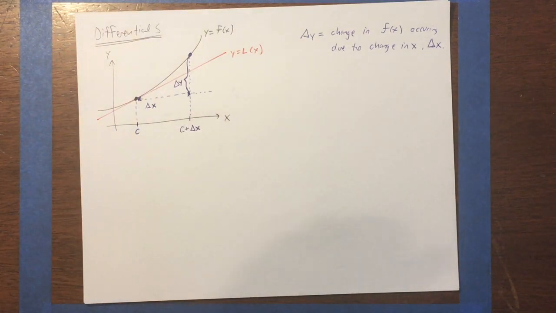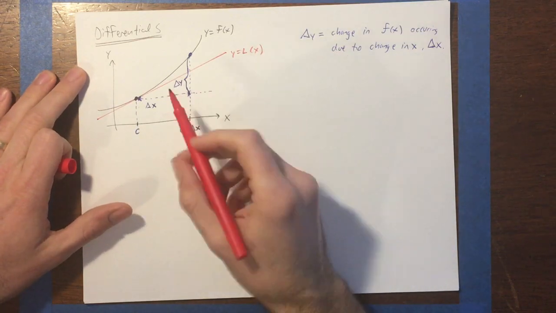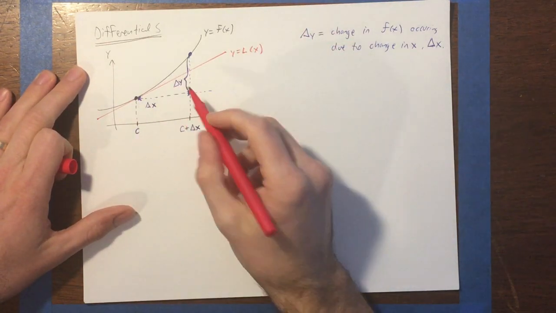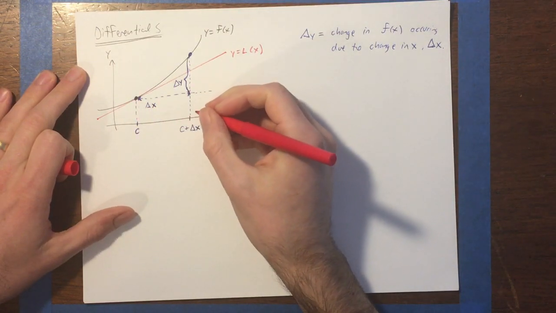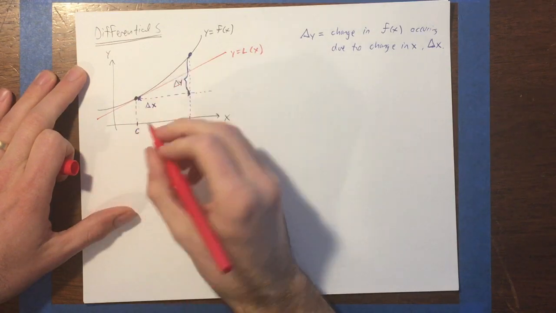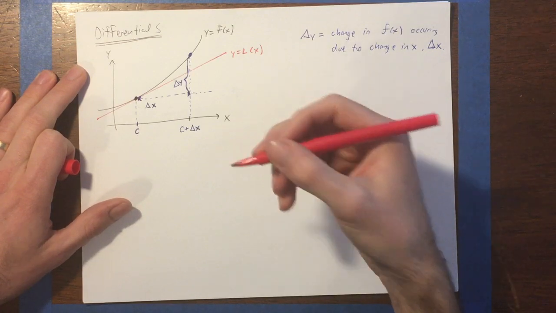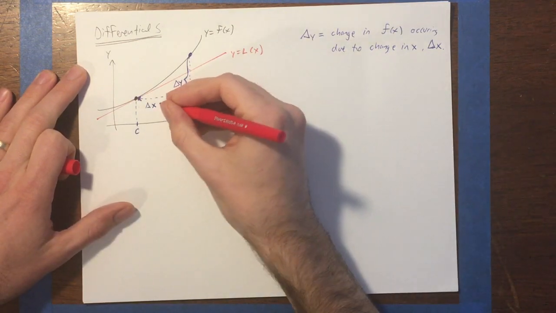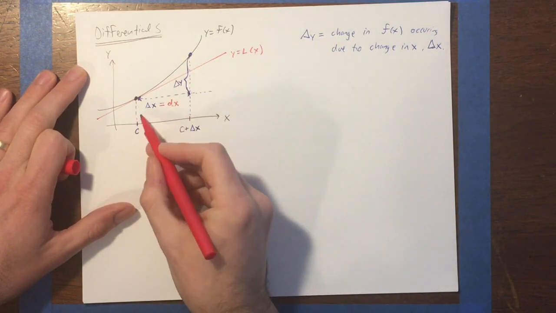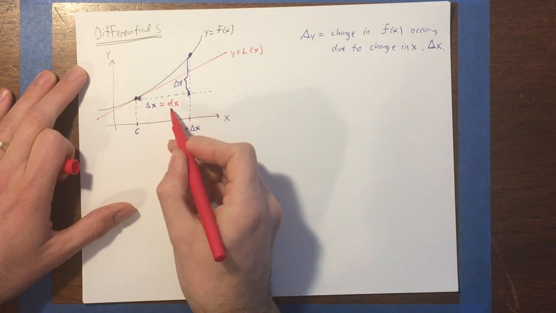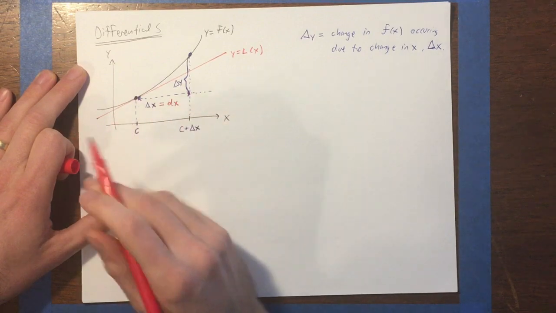So let's go ahead and do this in red so that it corresponds to a linearization. For the linearization, the x input doesn't change at all. We're not modifying anything about x. So for x, the change in x is the same. Now for differentials, instead of delta, we're going to use the letter d. So instead of delta x, we'll talk about dx. But delta x and dx are exactly the same, because whether you're talking about the function f or its linearization L, change in x is change in x.